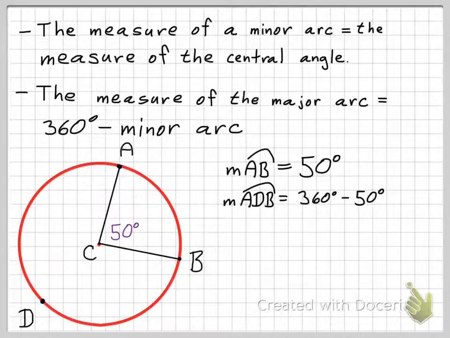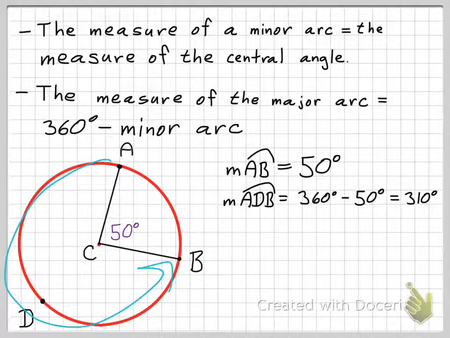So you just subtract, and then you get that the measure of the major arc is 310 degrees. Okay?